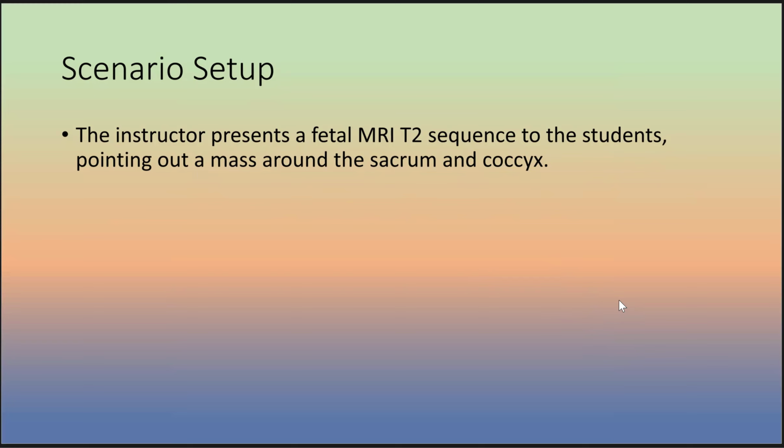It appears that there is a mass around the sacrum and coccyx. Let us use ChatGPT to help guide our discussion and determine potential diagnosis. Please observe the image and share your observation.